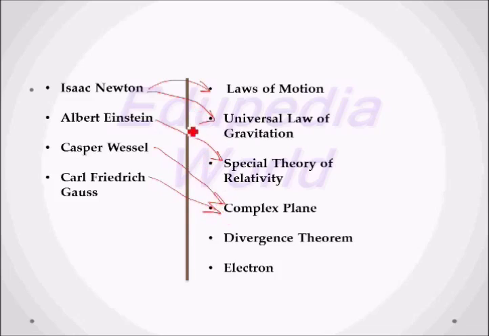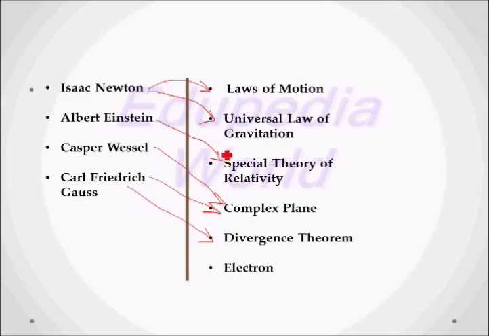Carl Friedrich Gauss also proposed the divergence theorem. So, an arrow from him will point to divergence theorem also. Now, we have found relation between all the members from both the columns.